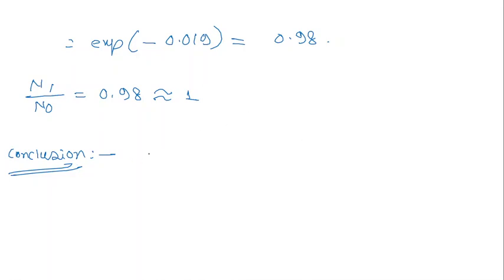So what conclusion we can get from this: n1 and n0 are almost the same, meaning at 300 Kelvin, two energy levels are equally populated. This is the population, so two energy levels are equally populated.